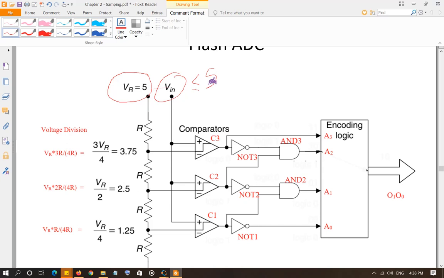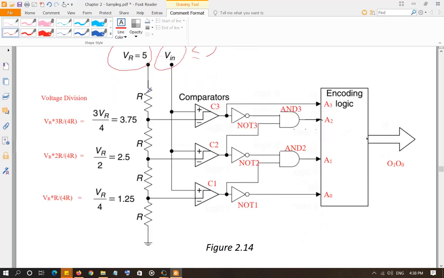Okay. All right. So now we have a series network of 4 resistors. And why am I calling it series? Remember, if you assume a current is flowing, two resistors are in series only if they have the same current flowing through them.